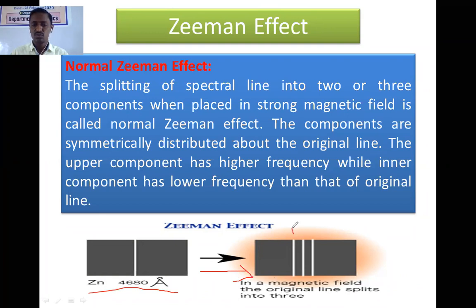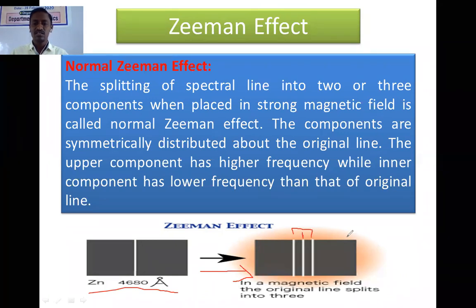Here these two outer components are symmetrically distributed about the original line. Here the central line is the original line. So we can say that a single line is split up into three components.